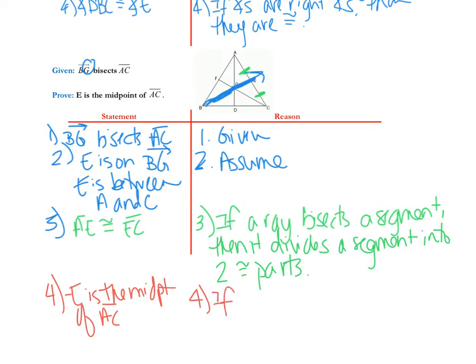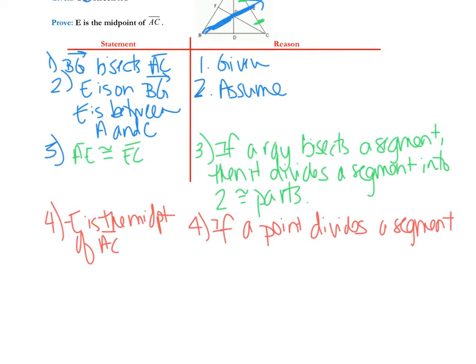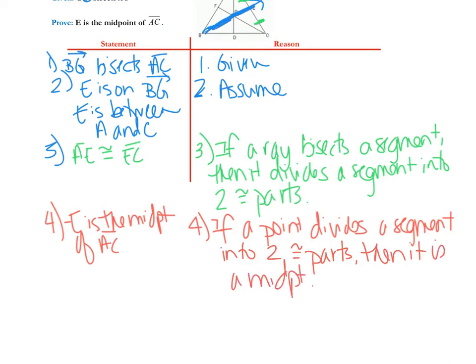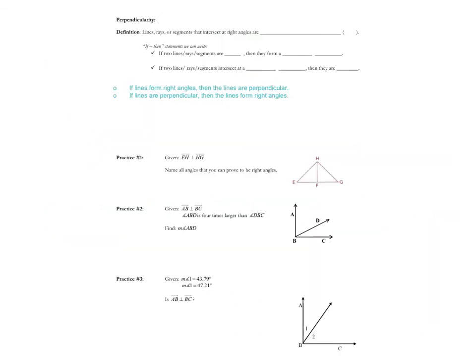If a point divides a segment into two congruent parts, then it is a midpoint. Okay, again, I cannot stress to you guys enough the information from yesterday, or I should say the previous video. All right, so let's get into today's topic. Today's topic is going to be perpendicularity.